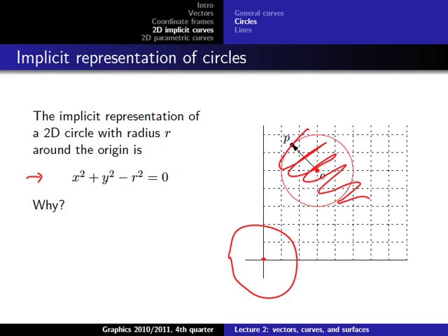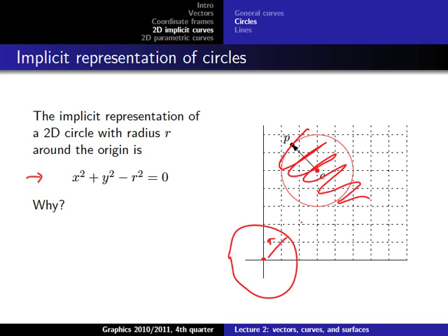And if you think about it, this might not look very straightforward or intuitive to you, but if you think about one thing that we already used today, or if you think about what it means that a point lies on this circle, the circle is defined by the center, which in this case is the origin, and by the radius.